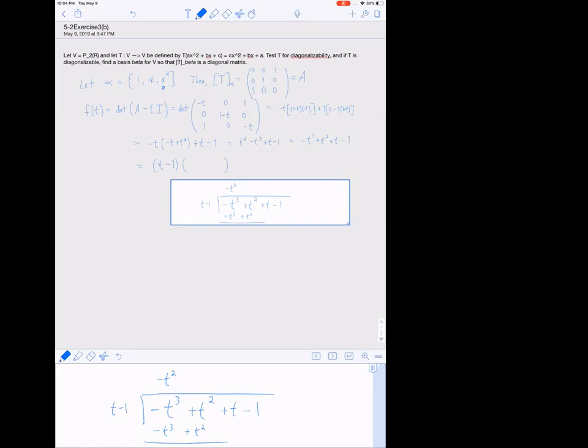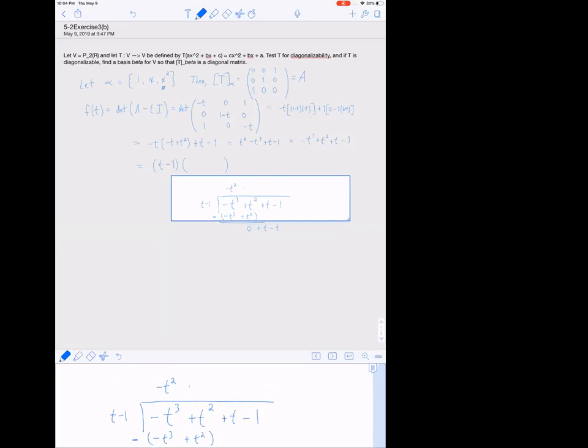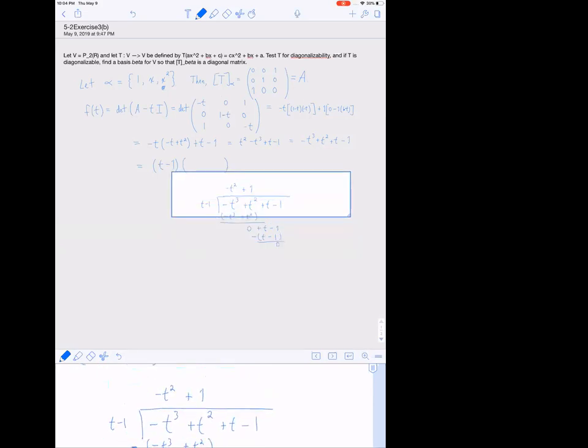And then when we subtract, we get 0. Well, then we'd bring down the plus t and the minus 1. Oh, and then I guess it's pretty clear that if I just added 1 here, I'd get t minus 1, and then when I subtracted that, I had 0.